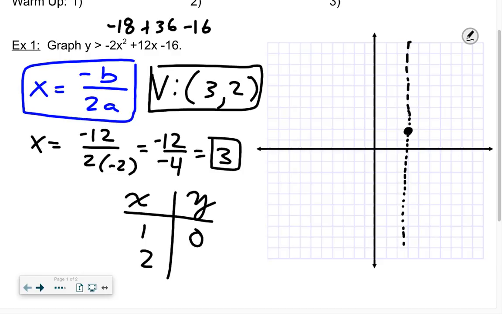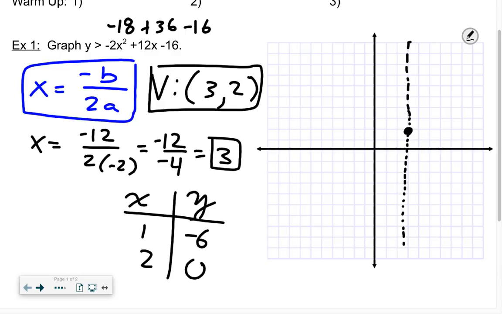Negative 8. Montana? I got 0. You got 0? Brock? Still working on it. Isaac? I got 0. Jade? I got 0. Okay. So this one is 0. This one you came up with negative 6. Very good.